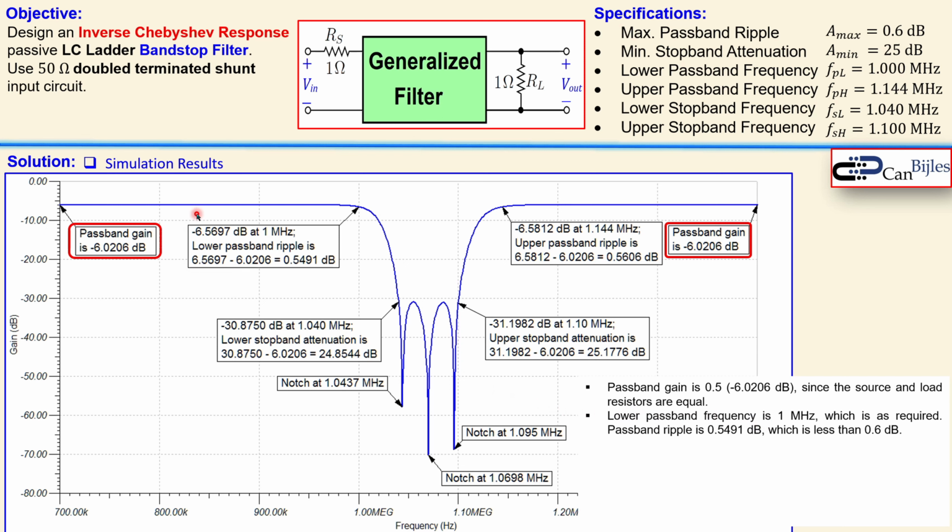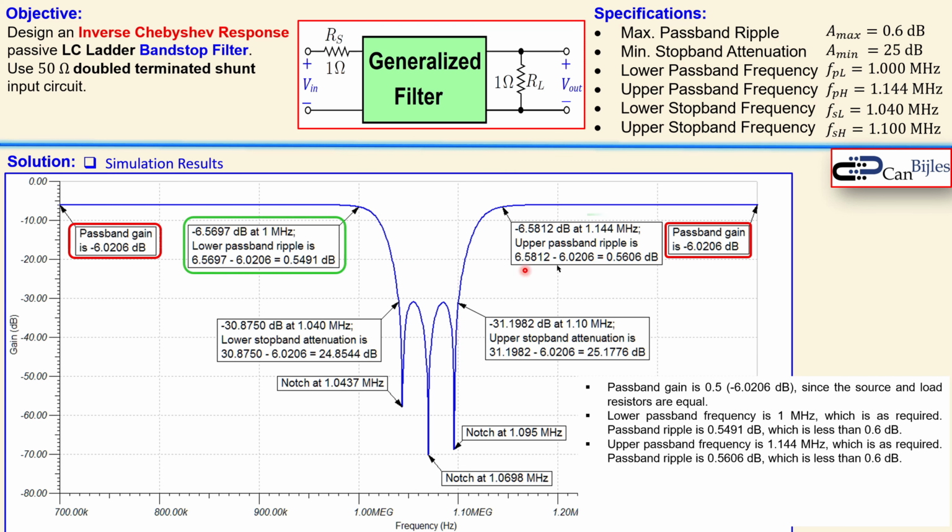This is the value in dB, so you go down from the baseline to this value, which is approximately 0.55 dB, less than 0.6, so according to specifications. For the upper one, shown here, again you go down from this baseline at 1.144 megahertz to this value. Again, this is approximately 0.56 dB, again less than 0.6 dB as a ripple.